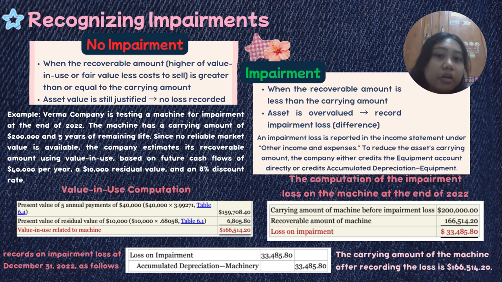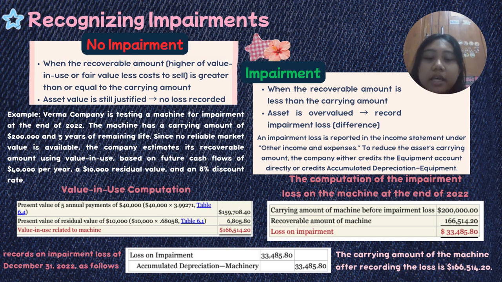Impairment occurs when the recoverable amount is less than the carrying amount, and the asset is overvalued, so we record an impairment loss. So these are the notes. An impairment loss is reported in the income statement under other income and expense. To reduce the asset's carrying amount, the company either credits the equipment account directly or credits accumulated depreciation, equipment.